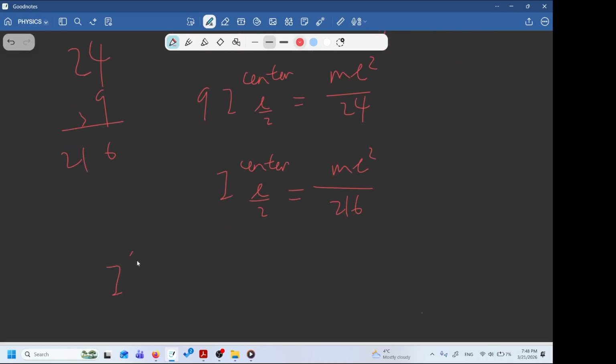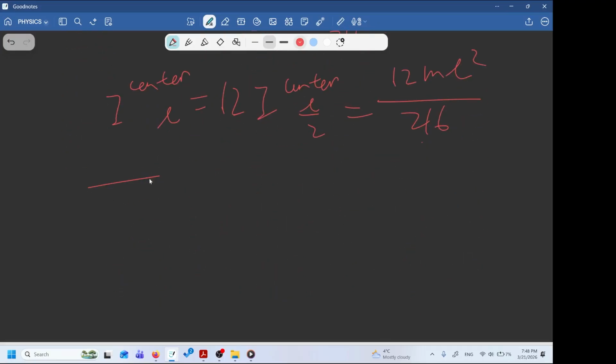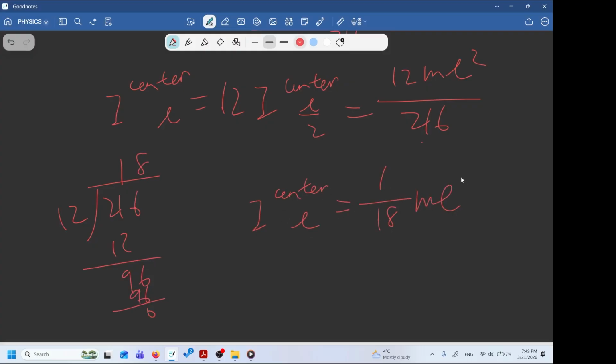And then we're trying to find I center L, remember. And this equals 12 I center L over 2. And so it's 12 m L squared over 216. And that is 1 over 18 m L squared.